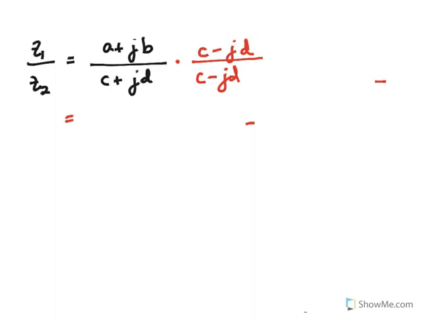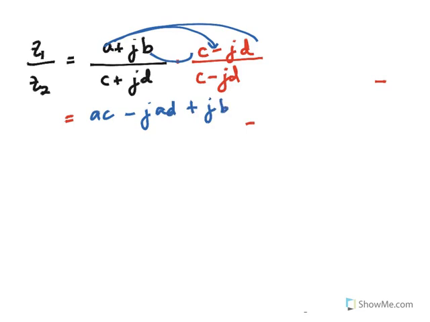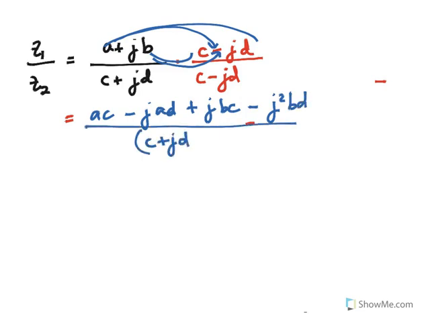So, you have here a times c minus j times ad plus j times bc, and then minus j squared times bd, all over c plus jd squared.